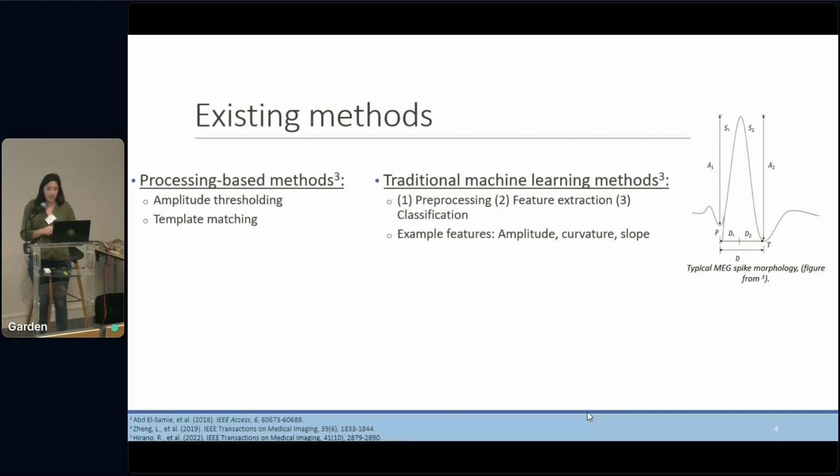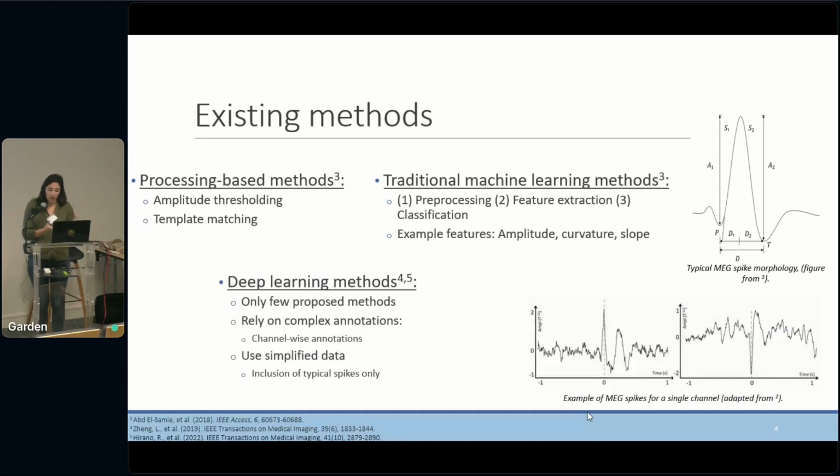The main issue with these 2 types of methods is that they rely on a priori knowledge of the shape and characteristics of a spike. And so humans need to design these features prior to running the method.